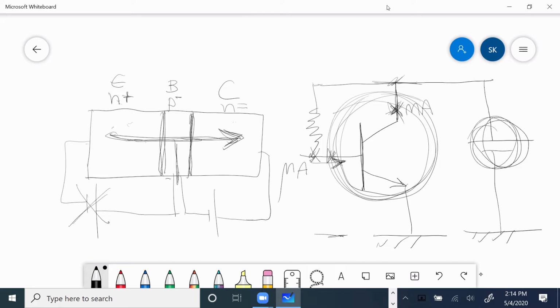And then there's obviously another voltage between base and collector, which is that one. Collector and base have to be reverse bias. Base emitter have to be forward bias. This junction has to be forward. This has to be reverse.